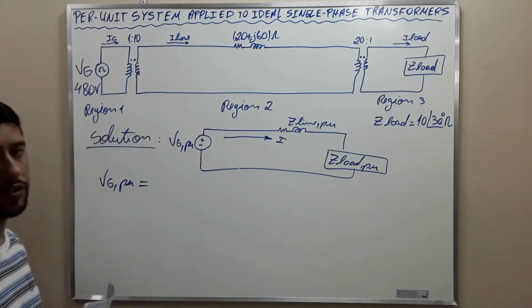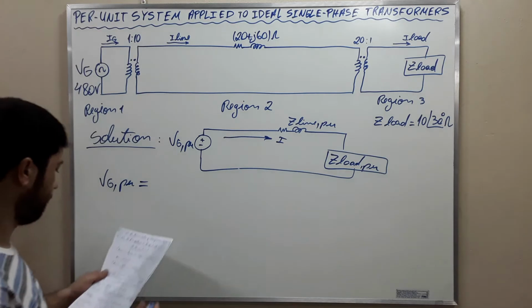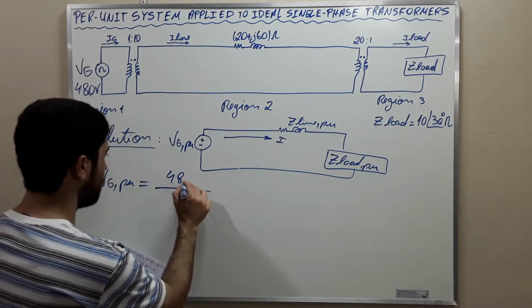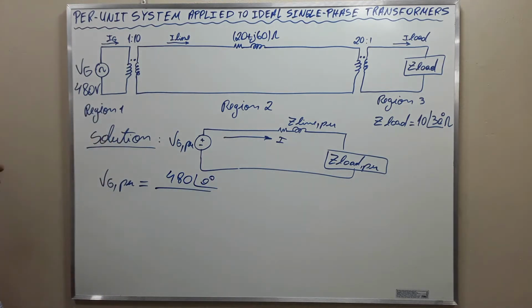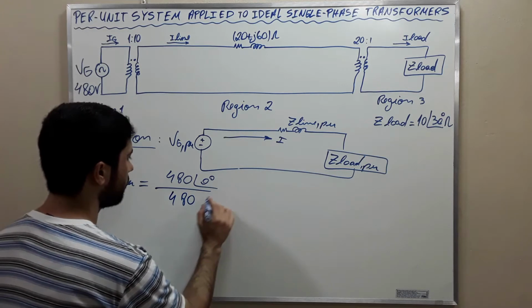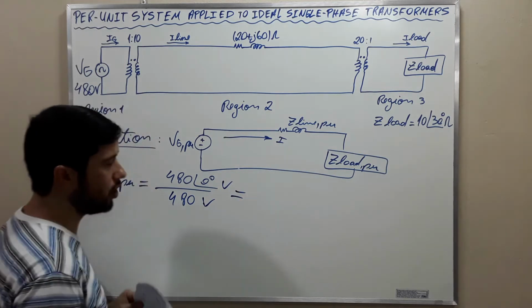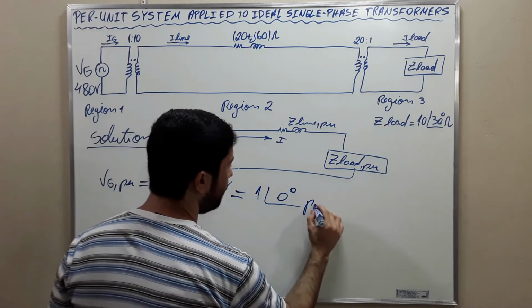The voltage of the generator in per unit is going to be 480 volts, 0 degrees, divided by the base voltage, which is equal to 1 phase 0 degrees per unit.